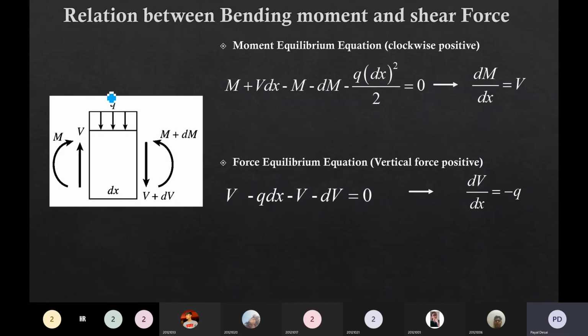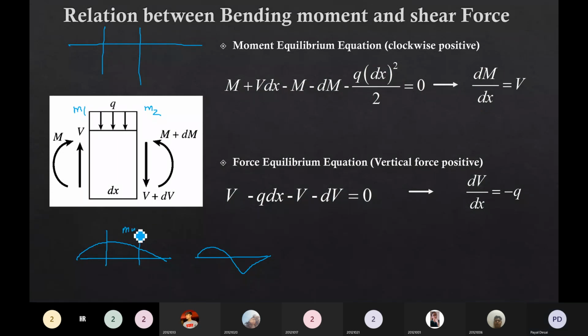Any beam, and we have cut two cross sections, maybe M1, M2, you can see. And you have seen that in non-uniform bending, bending moment diagrams are something like these. From the bending moment diagram, you may see the moment is not the same.